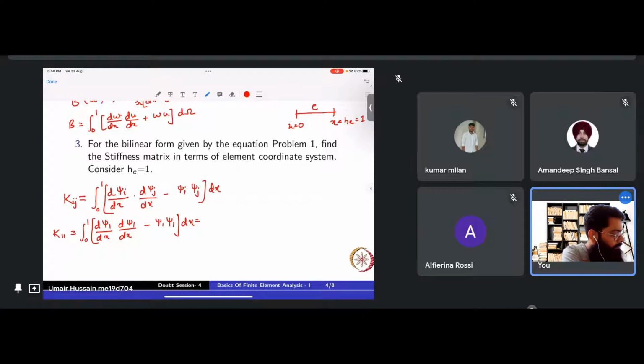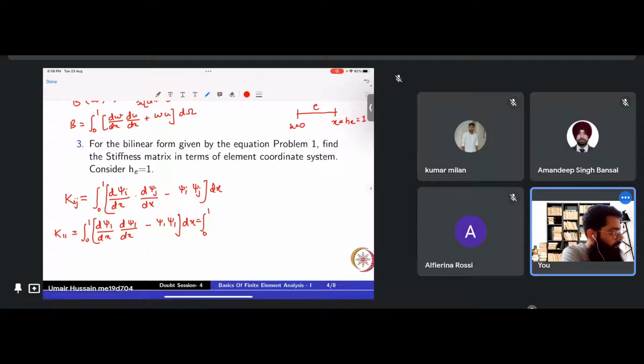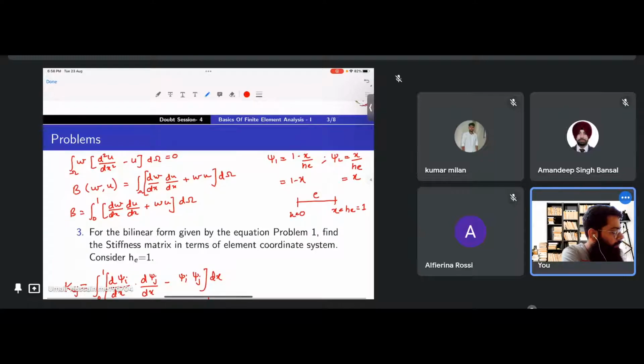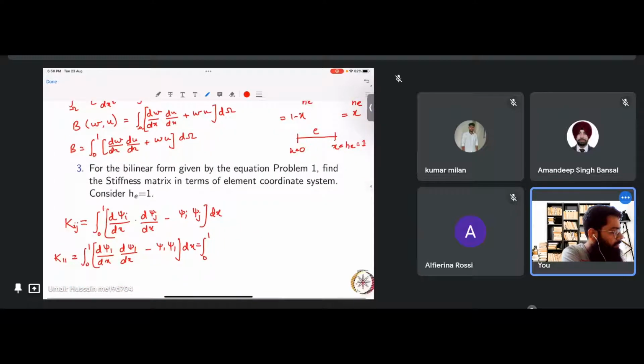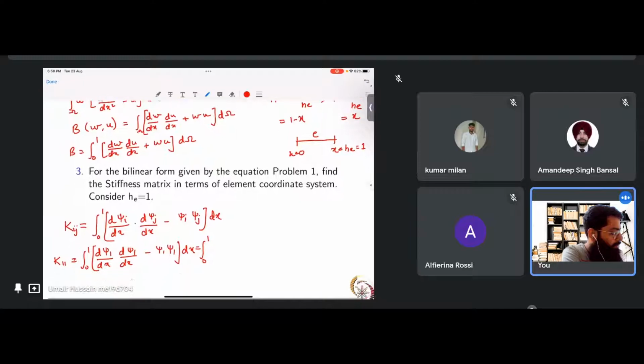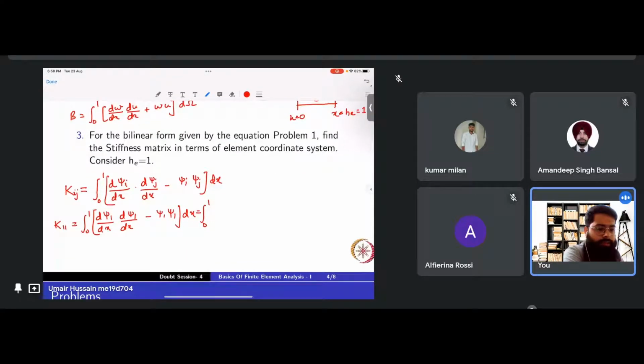Psi 1 is 1 minus x, so its derivative would be minus 1, and we have minus 1 squared. So we can just integrate this and get some answer.